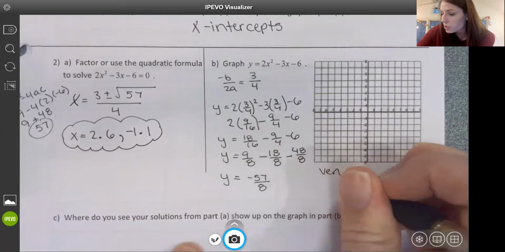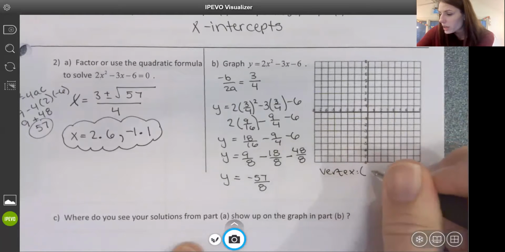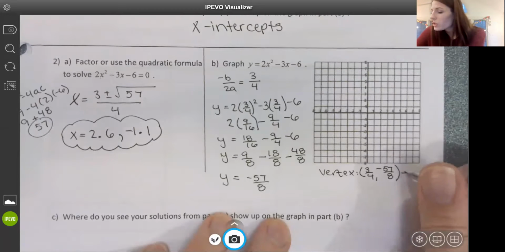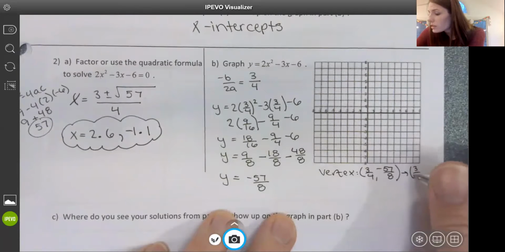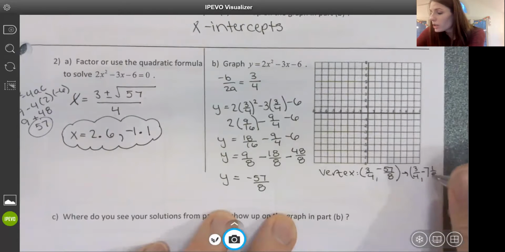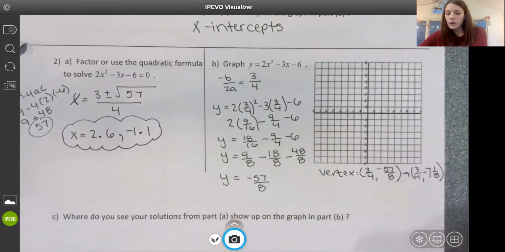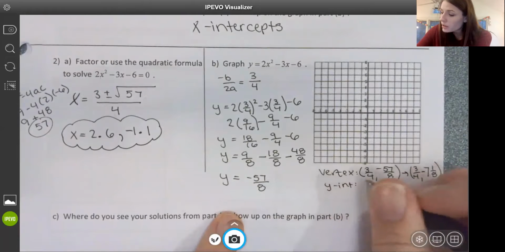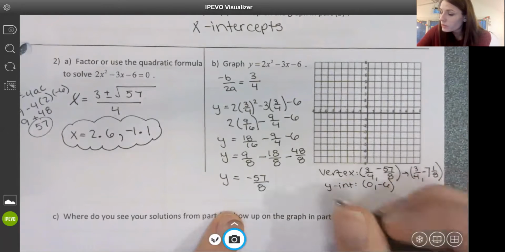So here's our descriptions, right? So vertex is at 3/4 and -57/8, which -57/8 we could also think about as -7 and 1/8. Our y-intercept is at 0, -6.